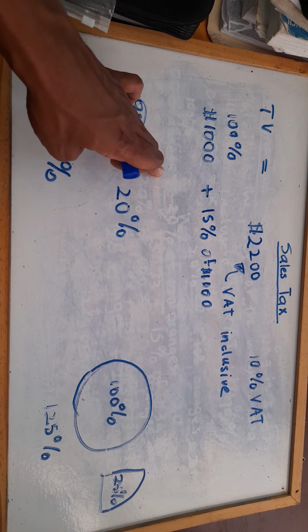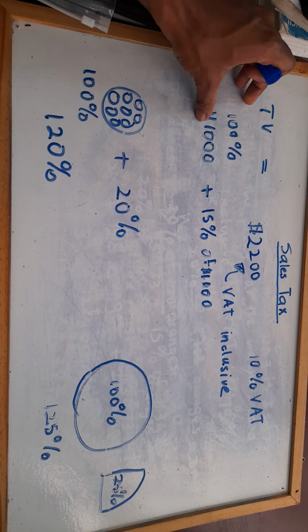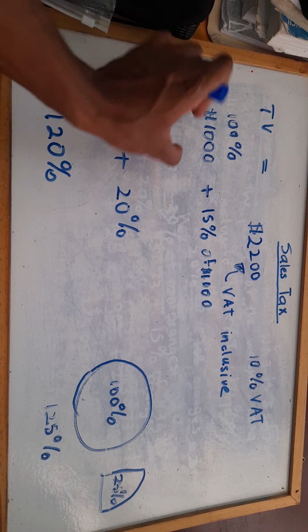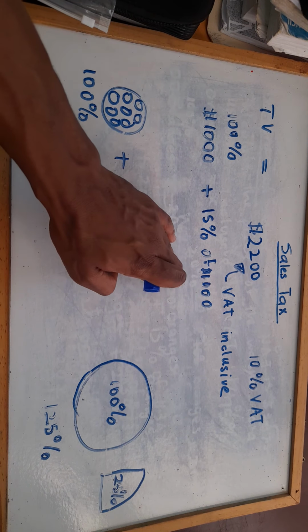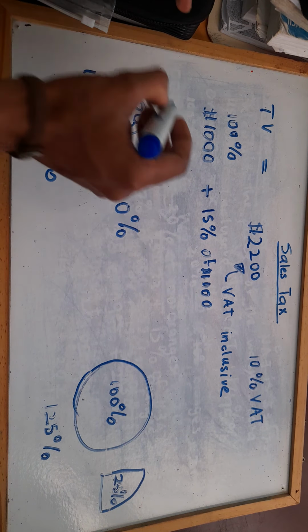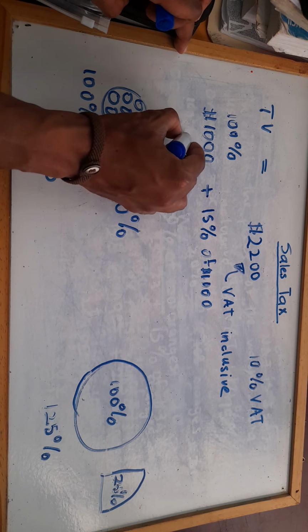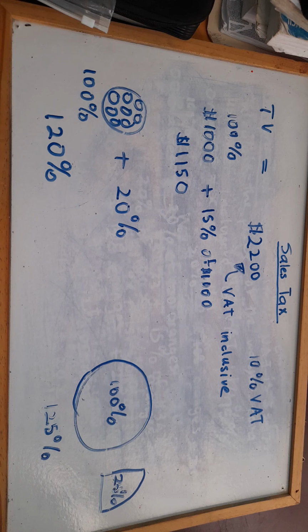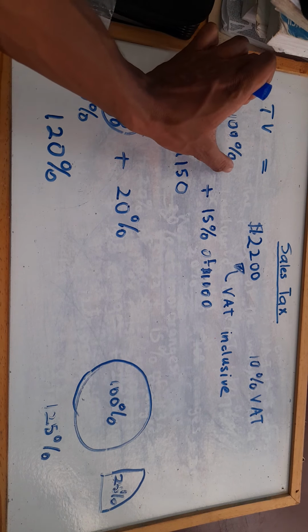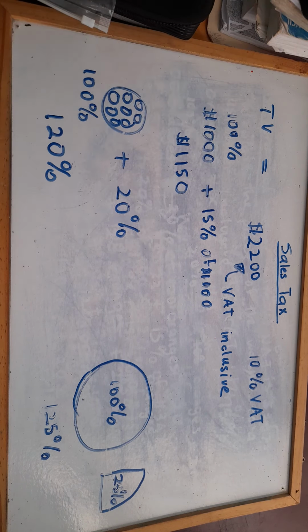$1,000. So the whole is what we had before, $1,000. Now we had to increase that by 15%, and it gave us $1,150. Or we could have said it was our 100% plus the 15% added on.